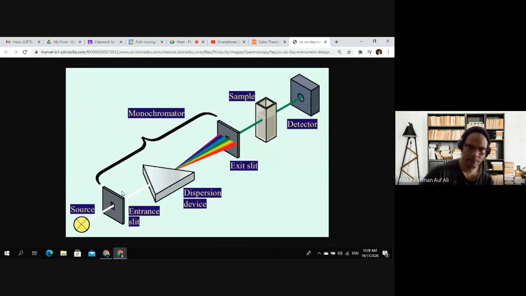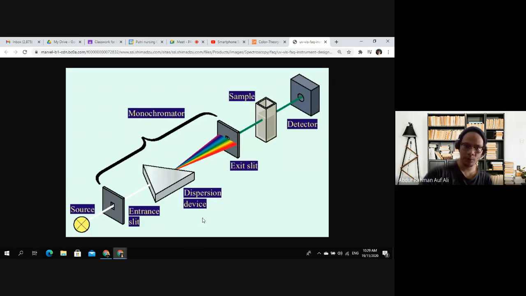Because kita nak pancarkan cahaya from light source into a prism, and then into an exit slit and into our sample. So this portion, bahagian yang saya tengah circle with my mouse ni, ini dipanggil sebagai monochromator.